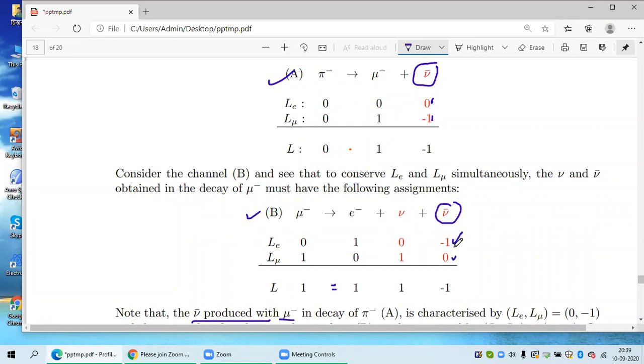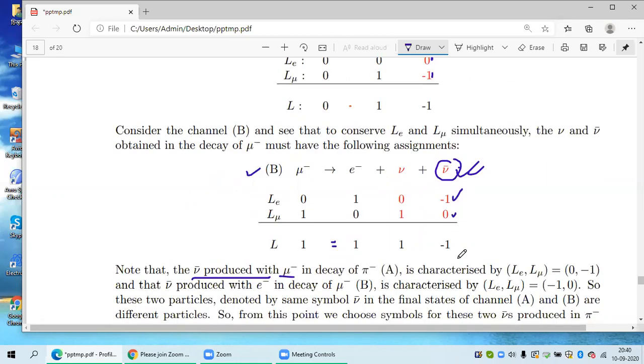The profound power of assigning lepton numbers in the most economic way hints that this nu bar produced in pion decay and the nu bar produced in muon decay should be different particles, because they have different sets of quantum numbers: 0, -1 and -1, 0. Is it clear what I said?